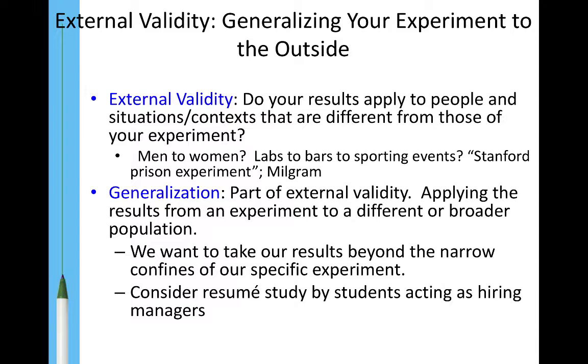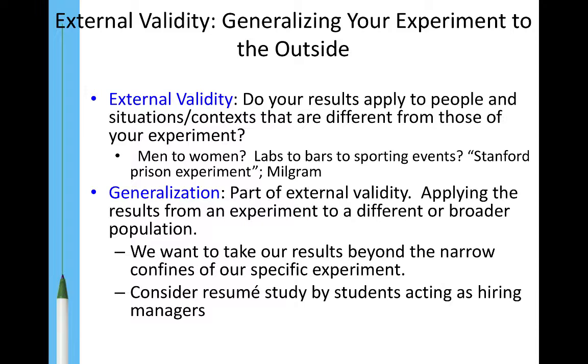Suppose we have students looking at resumes trying to decide whether people are really good applicants. Do you want to interview this person? Do you want to hire this person? Well, we can manipulate characteristics of the resumes and look at how that influences the students' judgments.